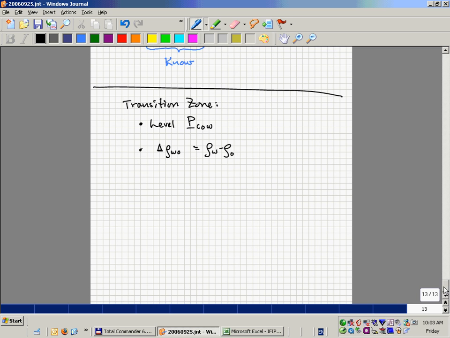Okay? The transition zone is large for a high capillary pressure curve and for a small delta rho.